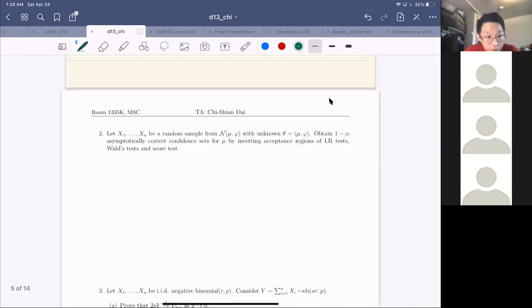So I'll give you like 5 minutes to look at question 2. This is a similar question. We want to find a confidence interval by evaluating the likelihood ratio test and the Wald test.